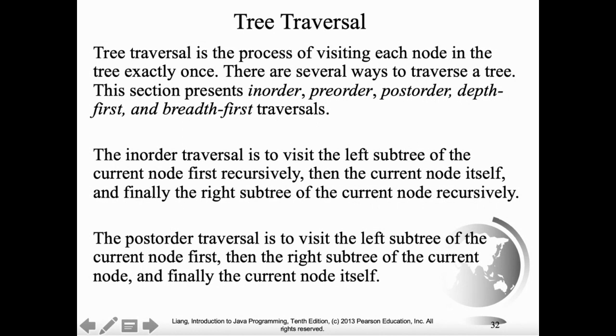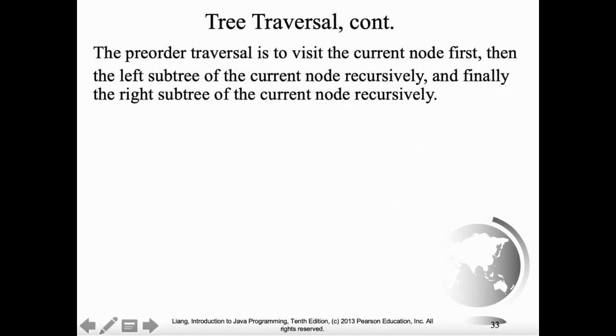So the first one was left, middle, right. This one is left, right, middle. And the next way is called pre-order. Pre-order first does the middle element, and then left and right. So middle, left, right.